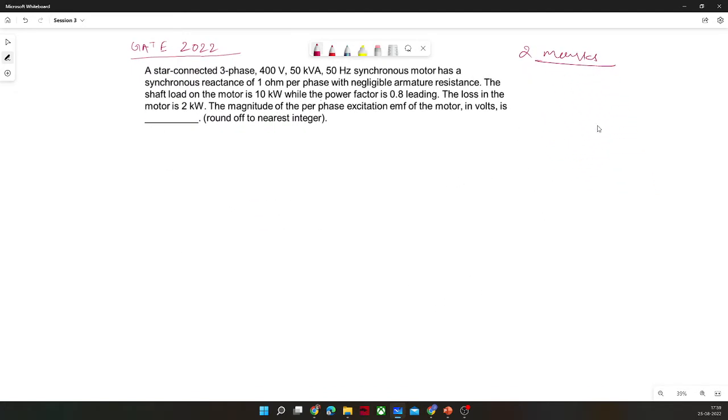Okay, so let us see the problem here. This problem is asking us to find the per phase excitation EMF in synchronous motor.